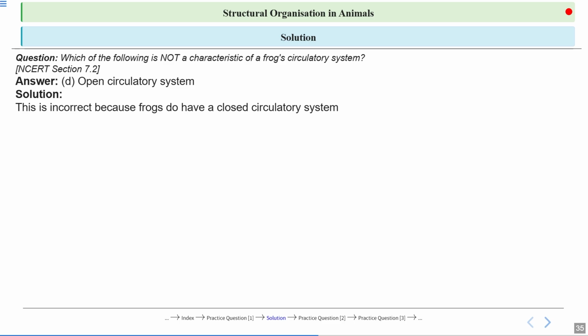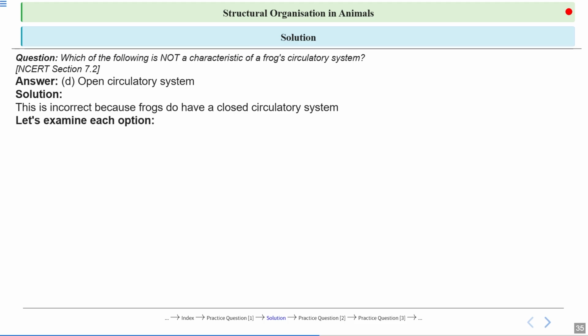Arteries take the blood from the heart to the different parts of the body. And from the different parts of the body, deoxygenated blood is brought back to the heart via veins, right? And they have very minute capillaries as well. So they have blood vessels in the form of arteries, veins, and capillaries, right?